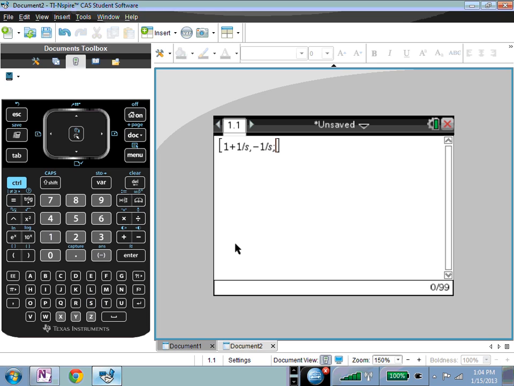That's my first row of my matrix, symbolically, in the TI calculator. My second row is minus 1 over S, comma, there's my 2,1 entry, and then I had 1 over S plus 1 plus S. And that's my 2 by 2 matrix, my impedance matrix.